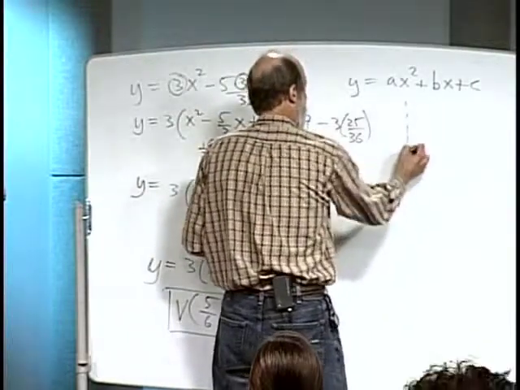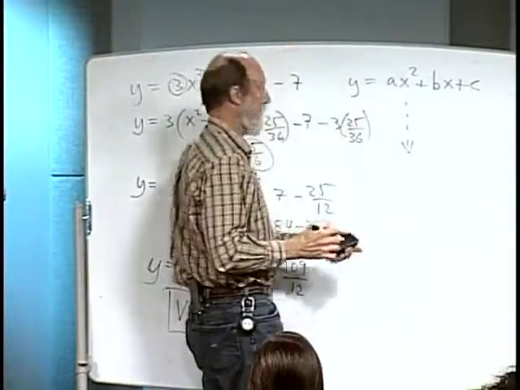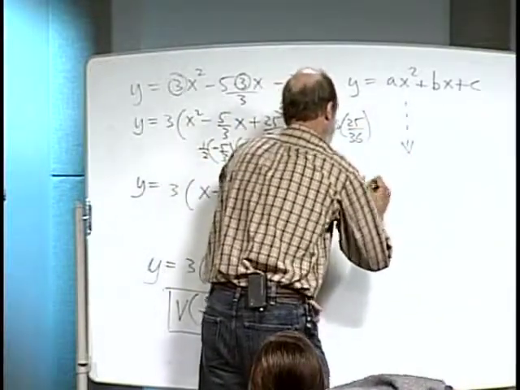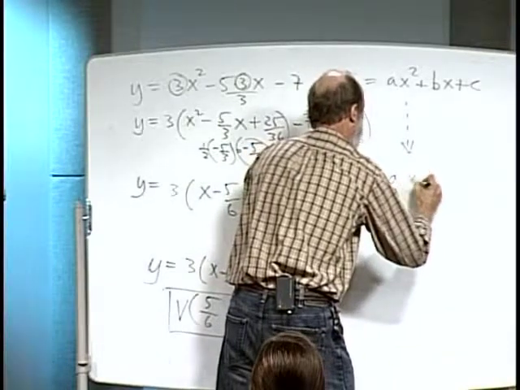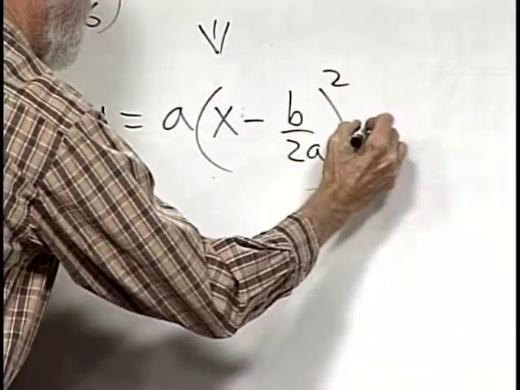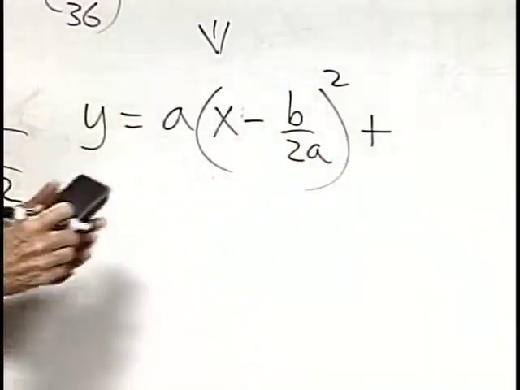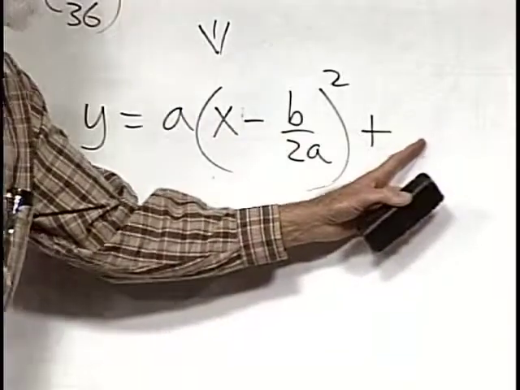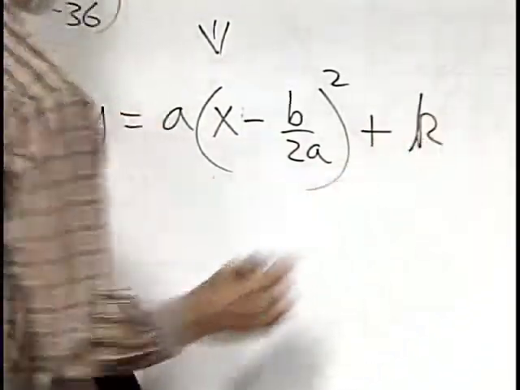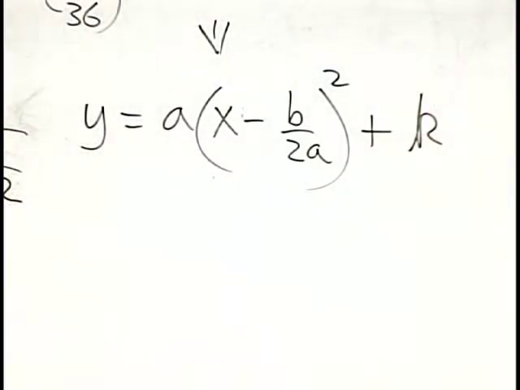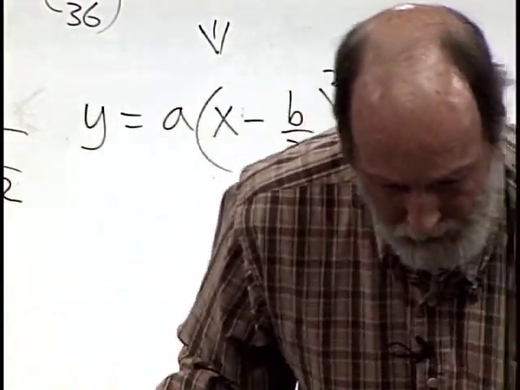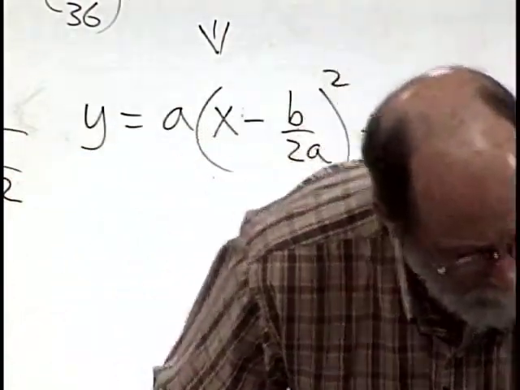If I complete the square on this in general, I'm going to end up getting a form like this, plus some value. Now, I don't remember off the top of my head what that is, so I'm just going to call that K for this moment. Actually, I think the book did this for us, and I can get it up here just for completeness.